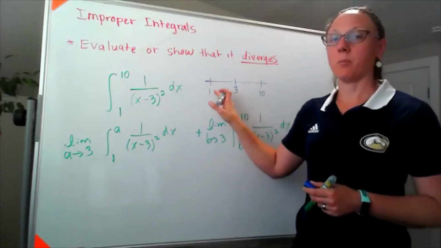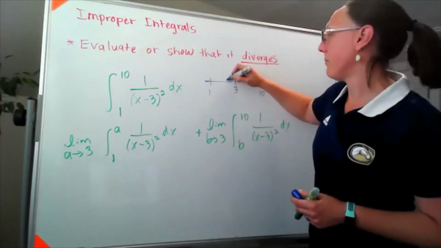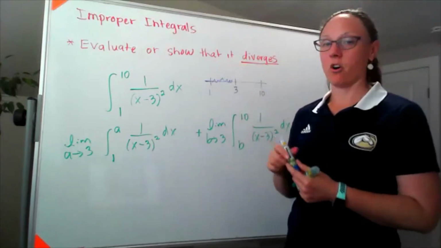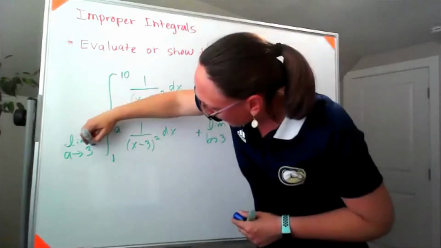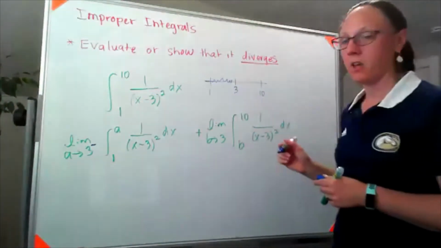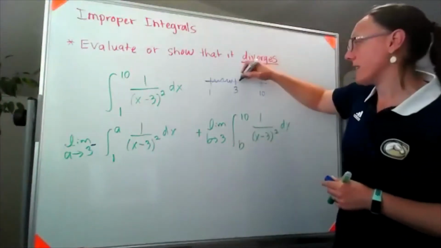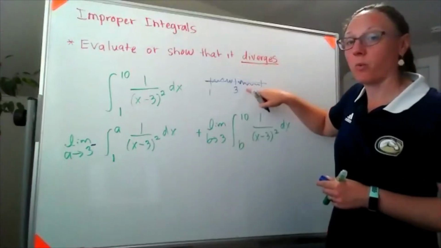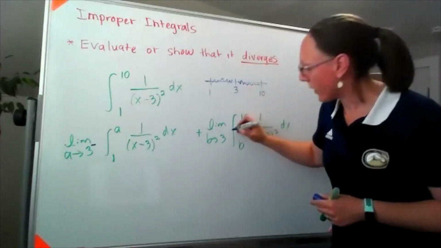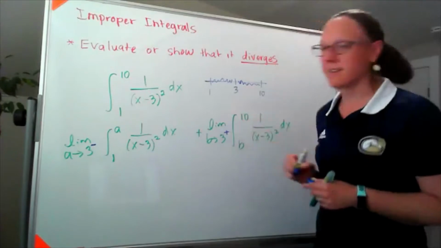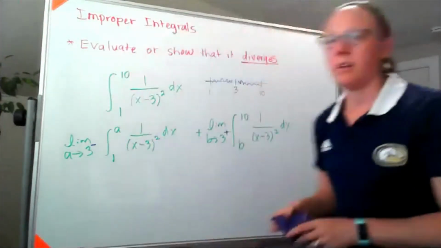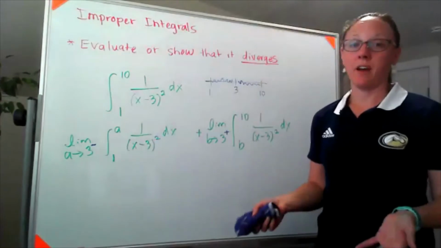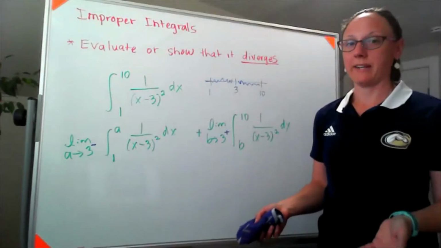When I'm looking at the portion from 1 to 3, all of those values are on the left-hand side of 3, so I want to come into this limit and put a minus sign. When I look at the portion from 3 to 10, all of those values are on the right-hand side of 3, so I want to put a plus right there. So those are the two types of improper integrals that we might see.